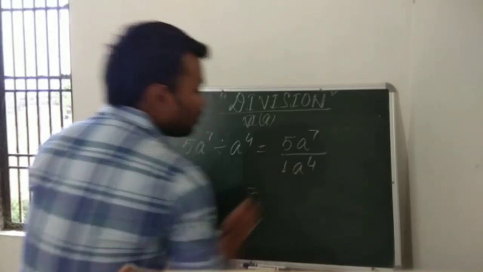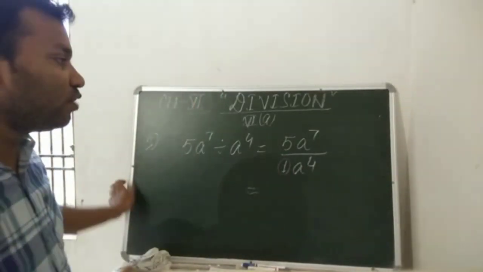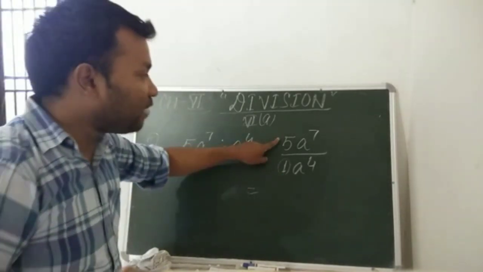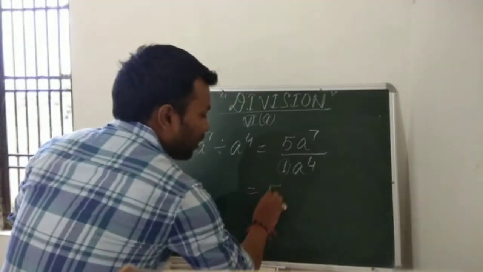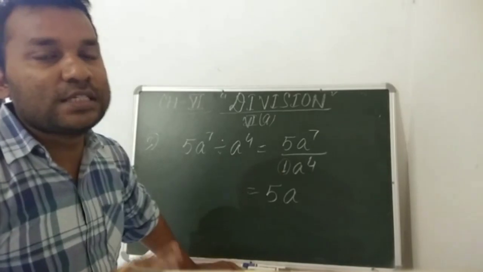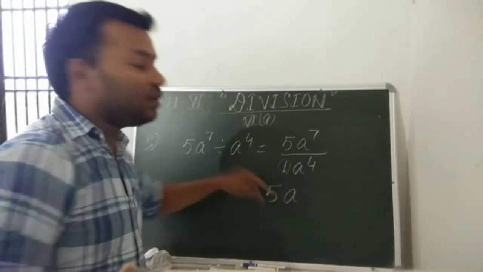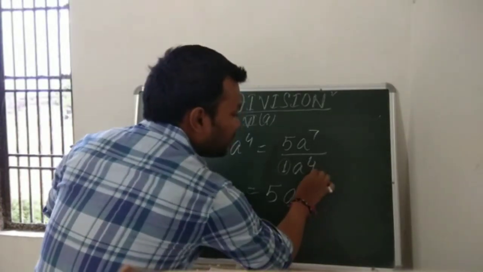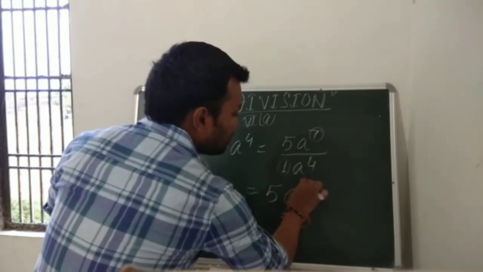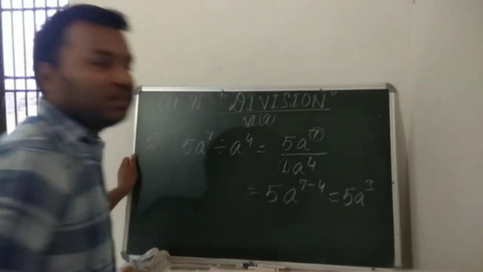Now, what is the coefficient in the denominator? 1, because there is no number before a to the power 4, so we consider the coefficient as 1. Now we will divide 5 by 1, so we get 5. For variables, we just subtract their powers: the power in the denominator subtracted from the power in the numerator, that is 7 minus 4. We will get our answer 5a to the power 3.